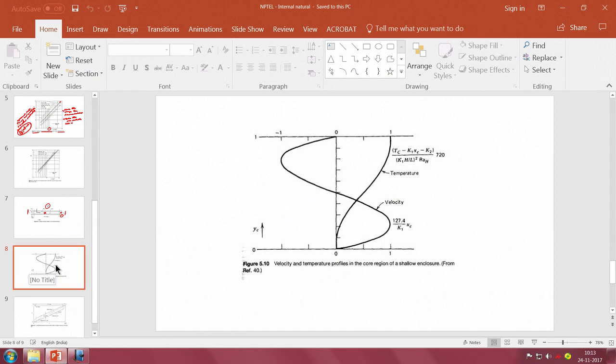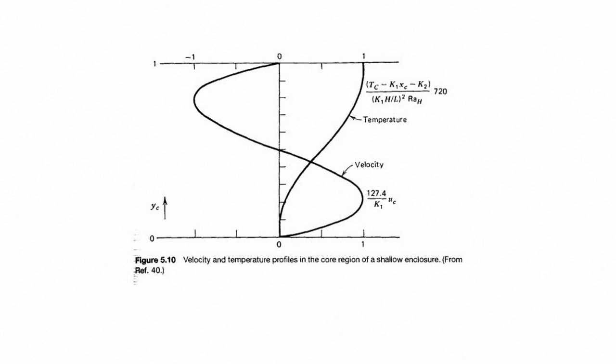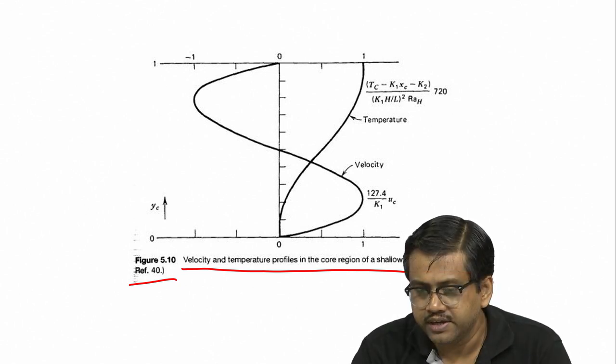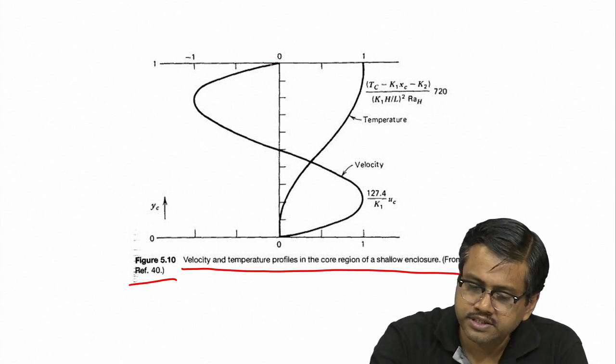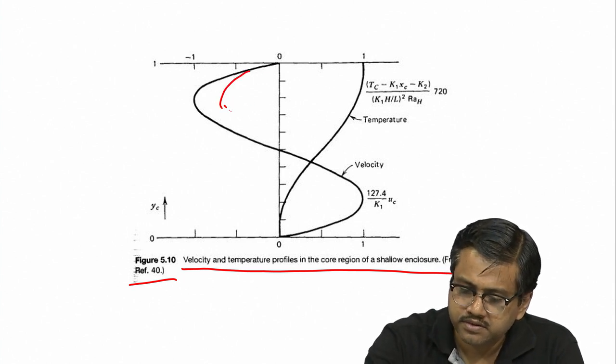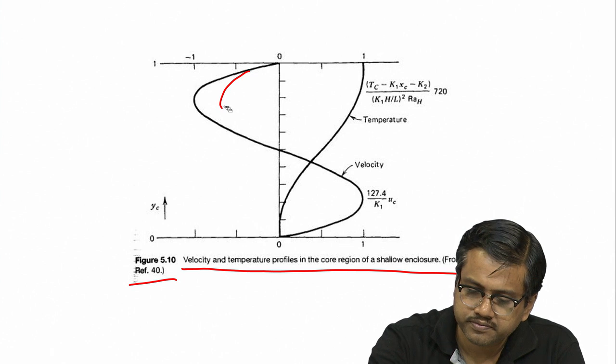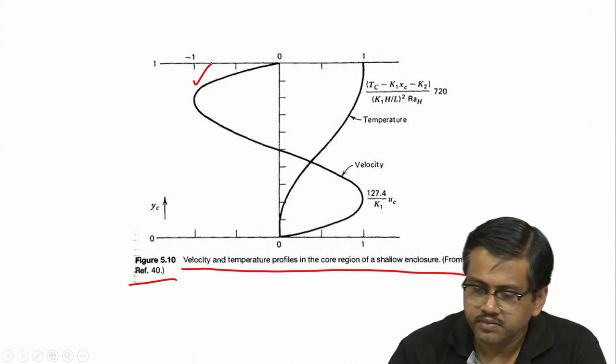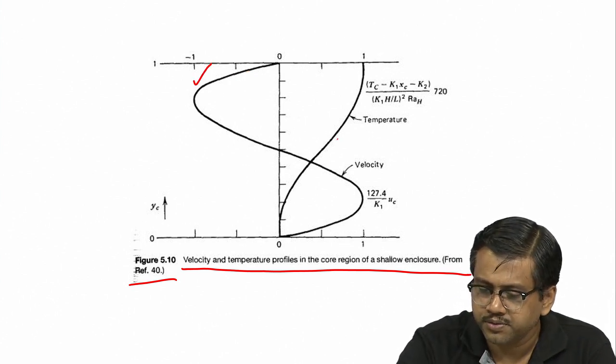This is the graph for the velocity and temperature profiles in the core region, taken from reference 40 from Bejan's book. What you can see over here is the velocity profile, and this is the corresponding temperature profile.